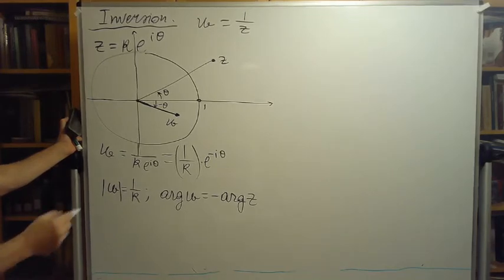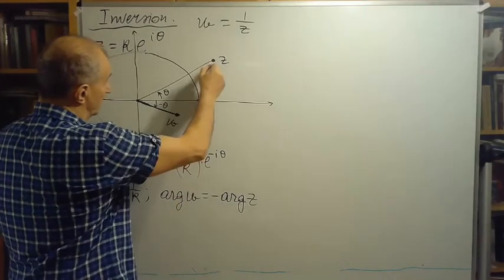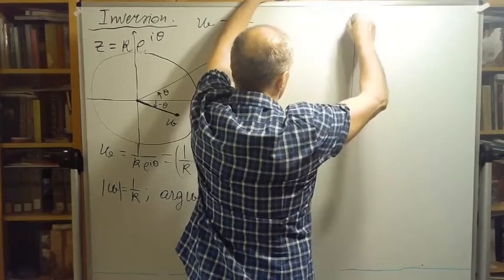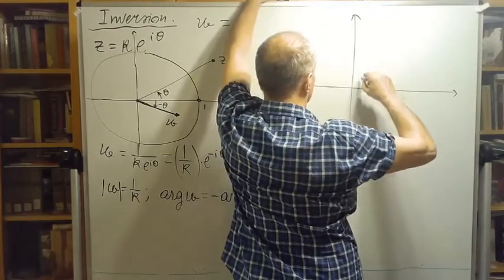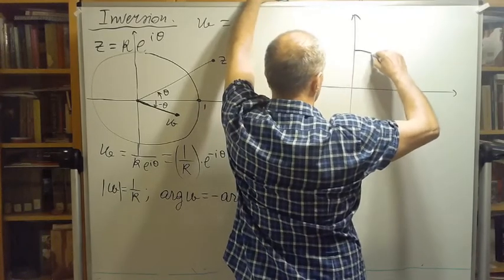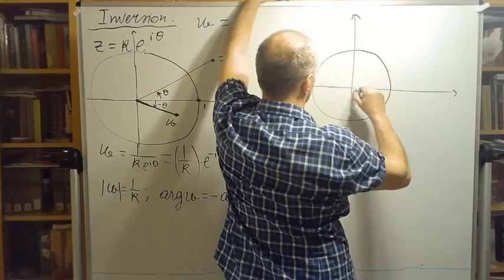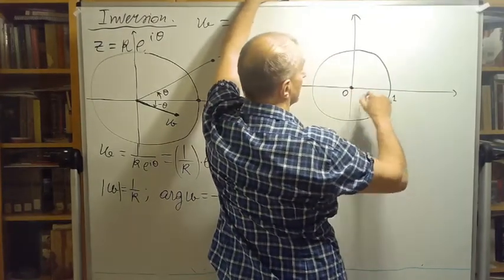So if your point is located originally outside the unit circle, it will be inside. If it was inside, it will be outside. So I will draw the unit circle first. It will be more convenient this way. This is the unit circle of radius 1.